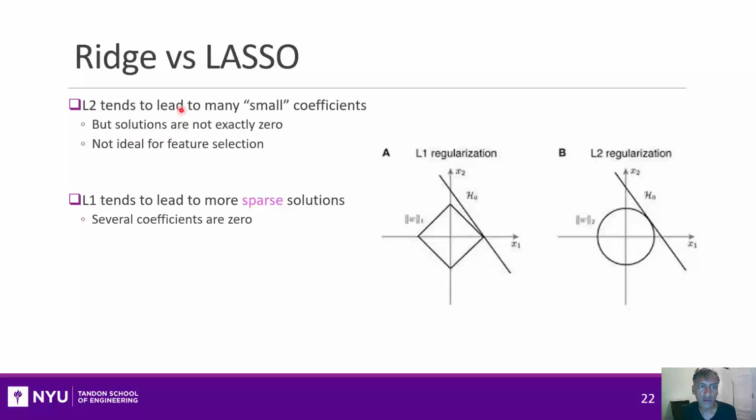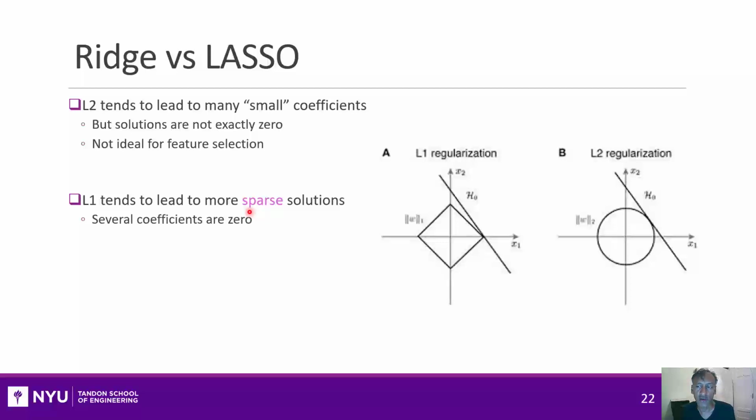In the L2 case, you tend to get a lot of coefficients that are small, but you never get coefficients that are exactly 0. And that's not ideal for feature selection because you don't really know when to discard the variable. On the other hand, the L1 solution tends to pick more sparse solutions. So it tries to find coefficients that are exactly 0.